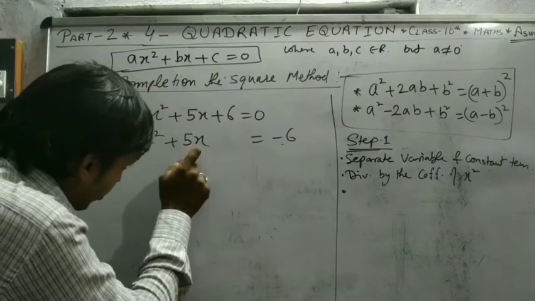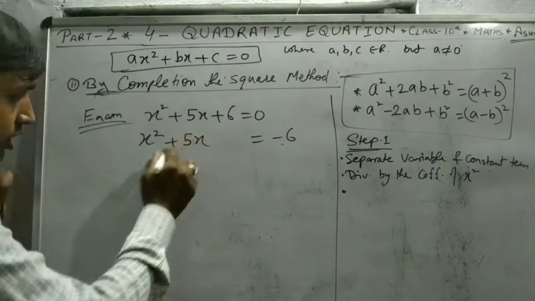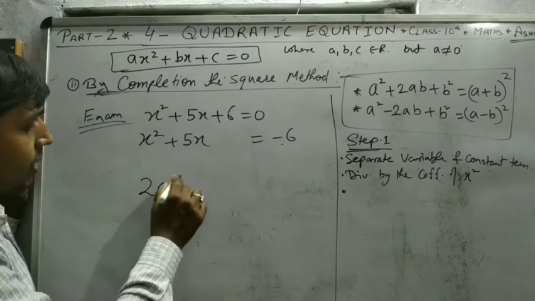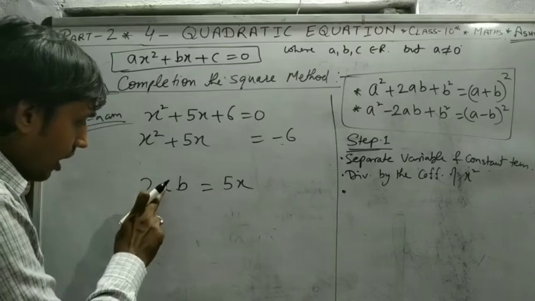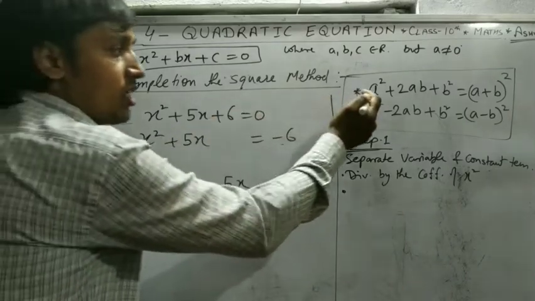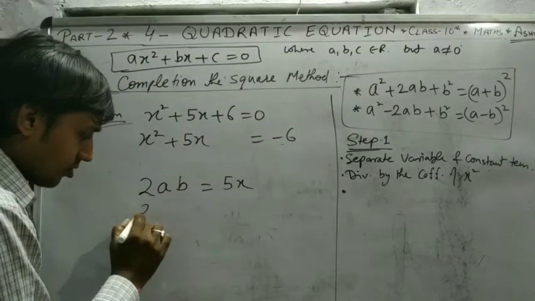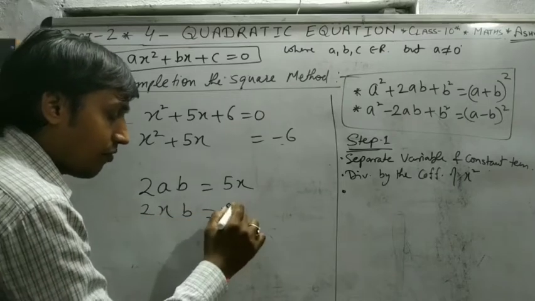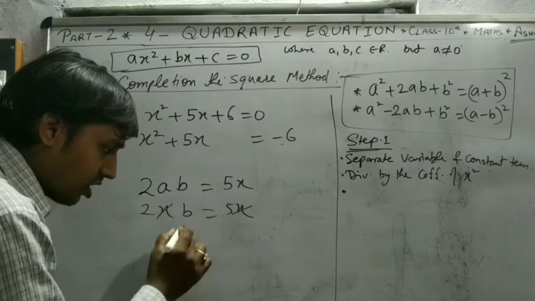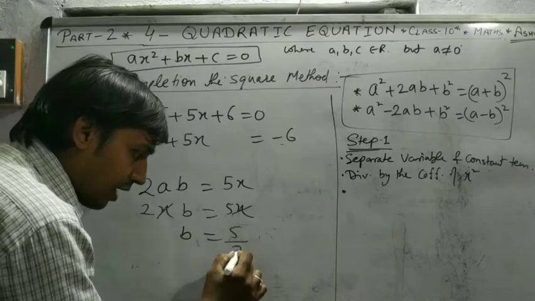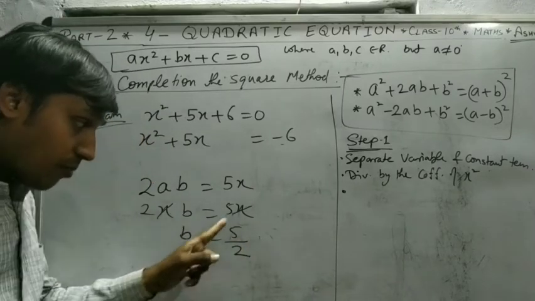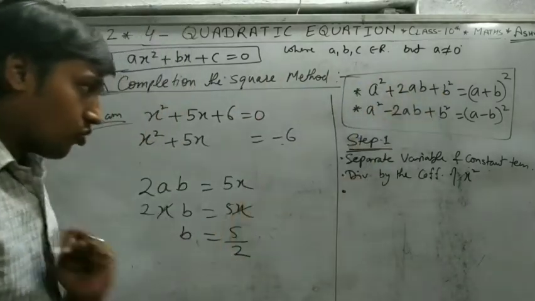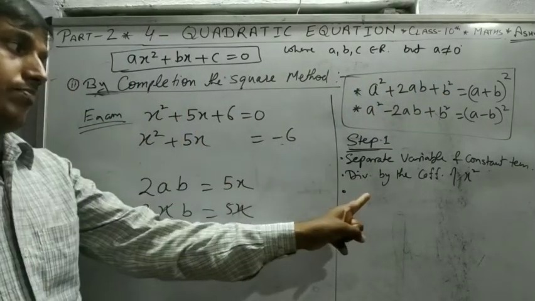We want this to be 2ab. So 2ab is equal to 5x. Here a square means a is x. So 2 times x times b is 5x, x cancels, so b is equal to 5 by 2. That's the value of b, 5 by 2.